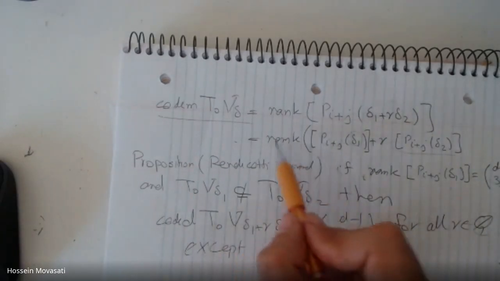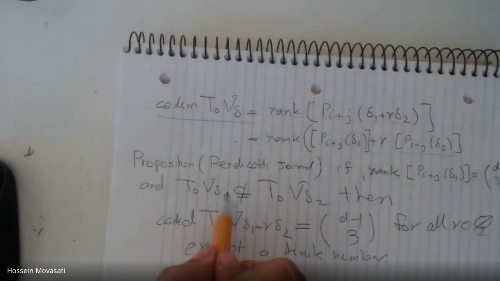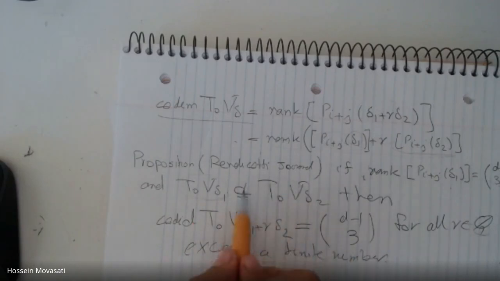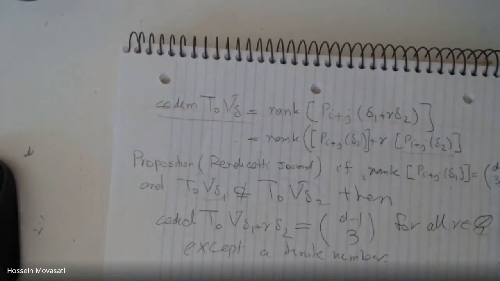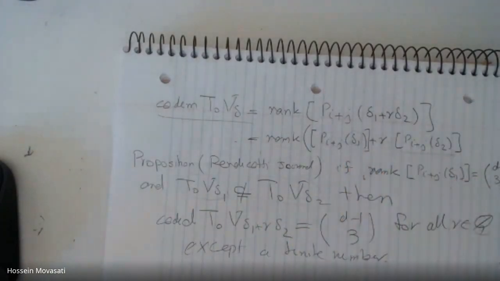Then the rank of this matrix will be maximal, and also if you check that the kernel of one of the matrices is not inside the kernel of the other matrix. You remember that this tangent space, we can recover it as a kernel of these matrices. So this is a kind of practical theorem.